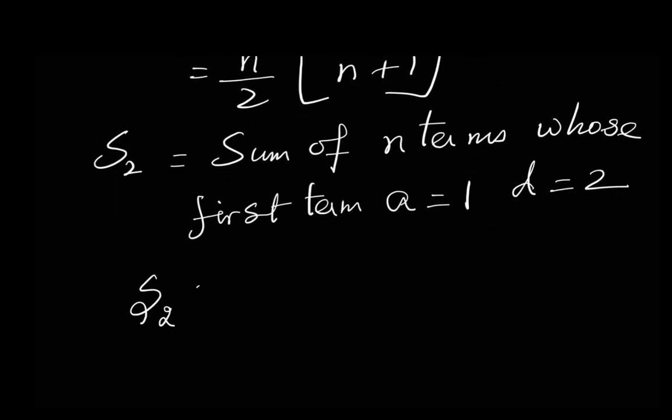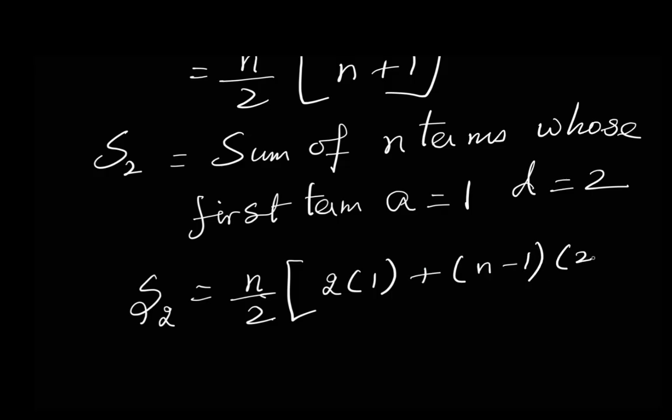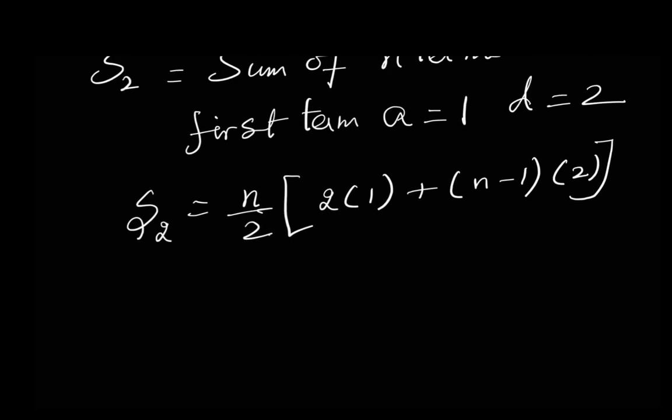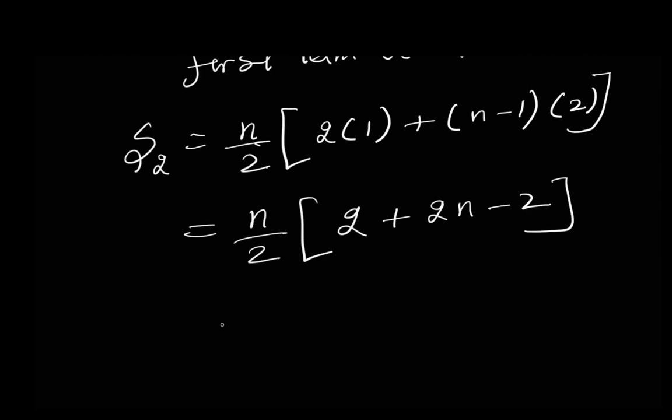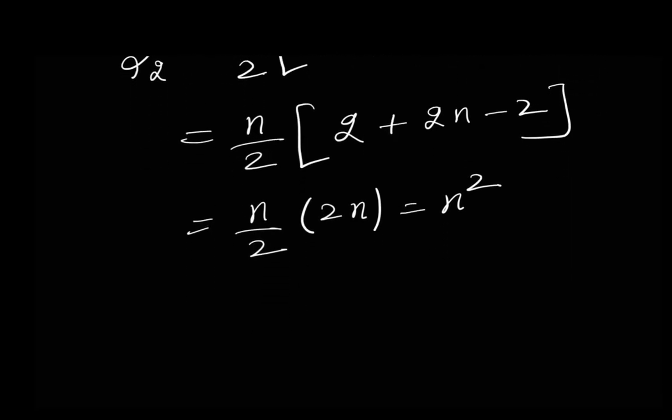Keep n the same: n by 2 into (2a, 2 into 1, plus (n minus 1) into d), and replace d as 2. So n by 2 into (2 ones are 2, plus 2n minus 2). The 2 and 2 cancel, so n by 2 into 2n. Again the 2 and 2 cancel, and n into n is n squared.